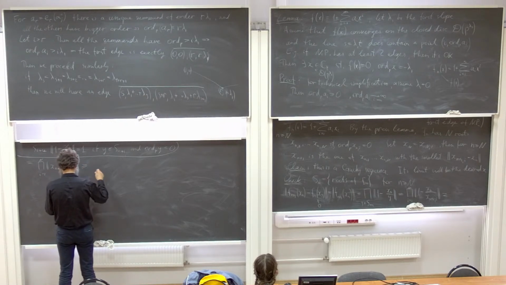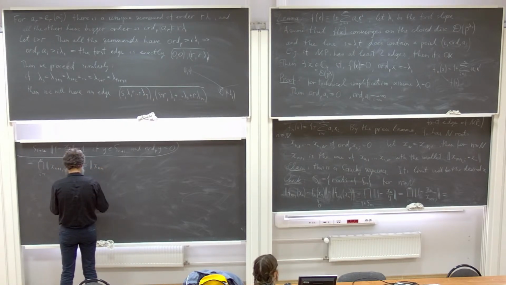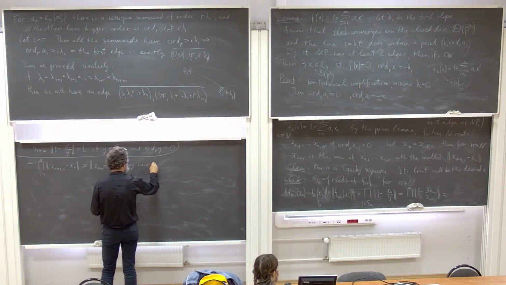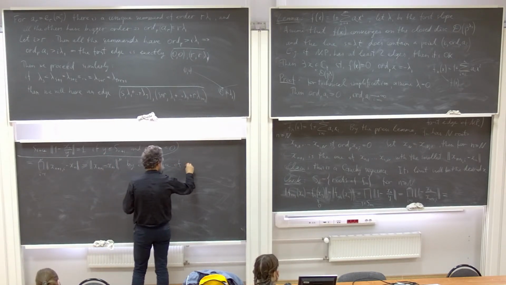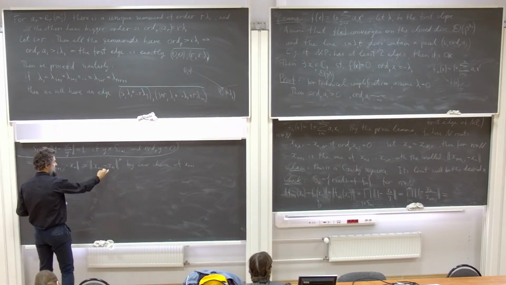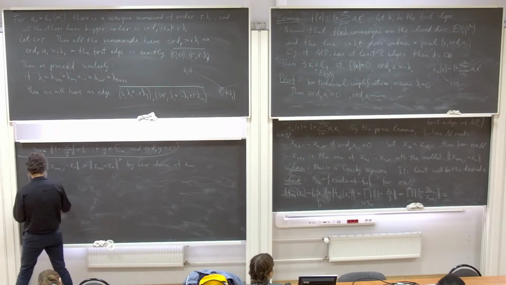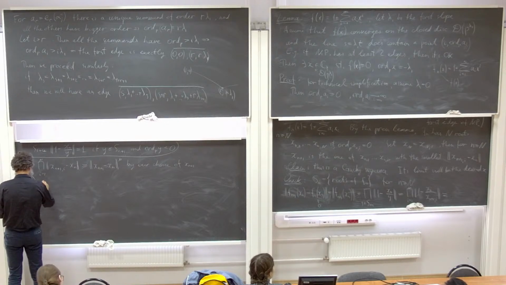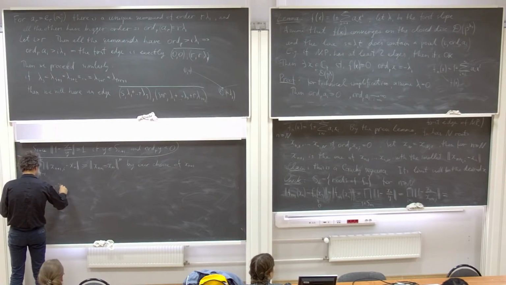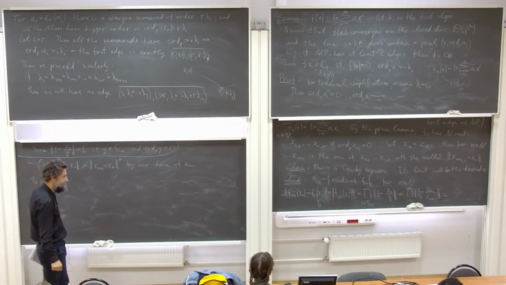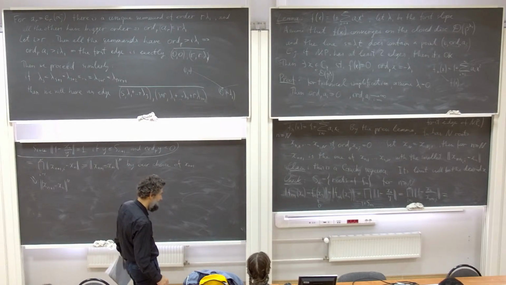and this is at least the norm of the difference x_{n+1} minus x_n to the power N by our choice of x_{n+1}, because it was taken closest to x_n.